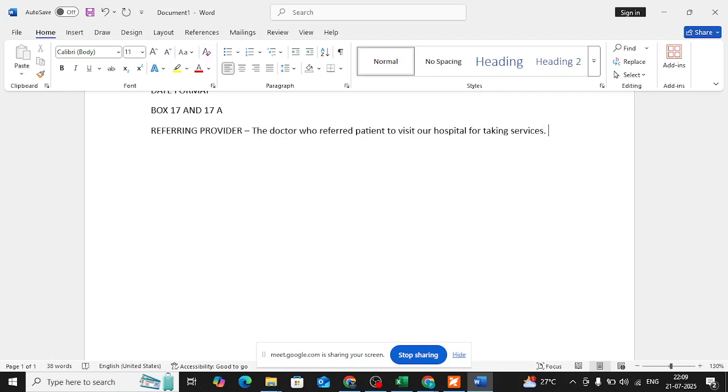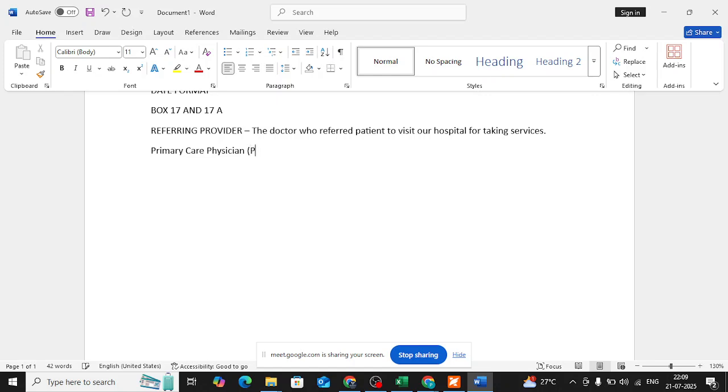Okay, so consider that patient went to his family doctor, and the family doctor has suggested to come to our hospital and take the further services. So that family doctor is called as PCP, primary care physician.